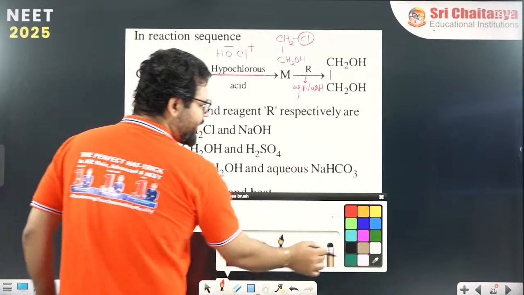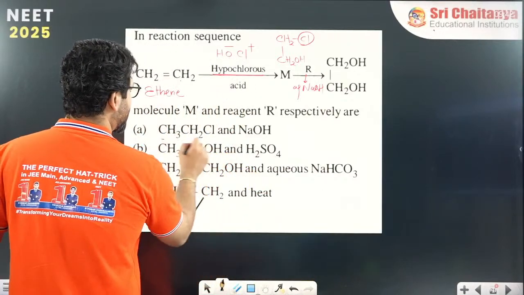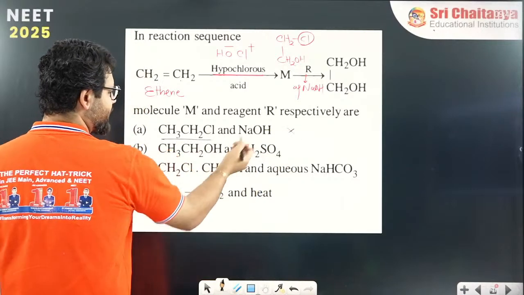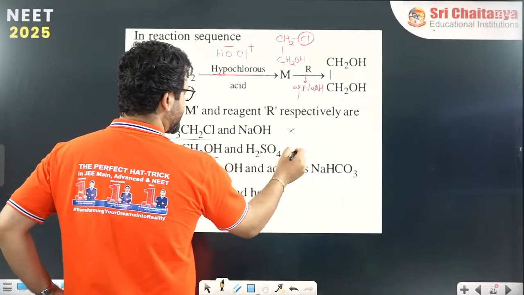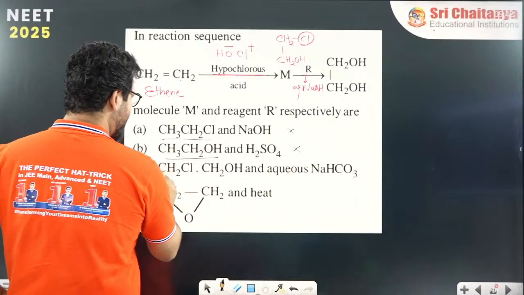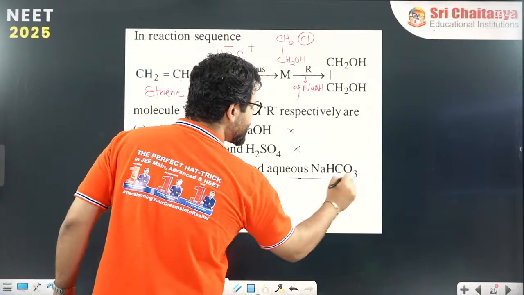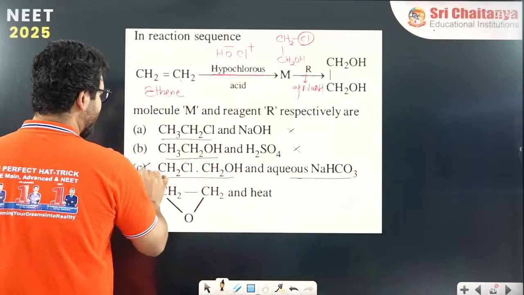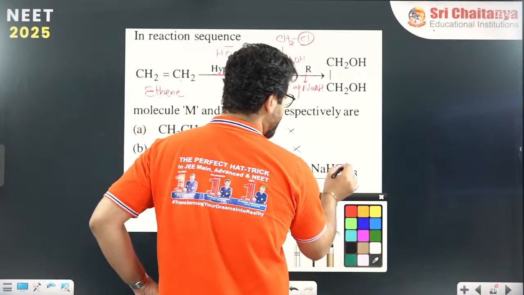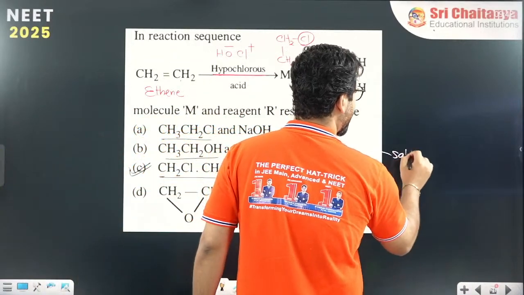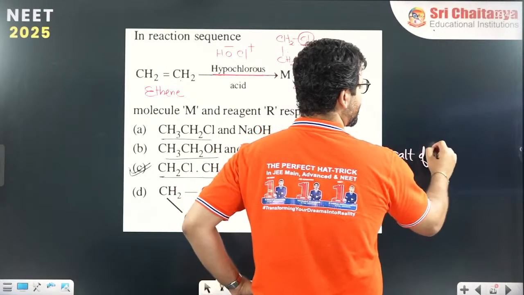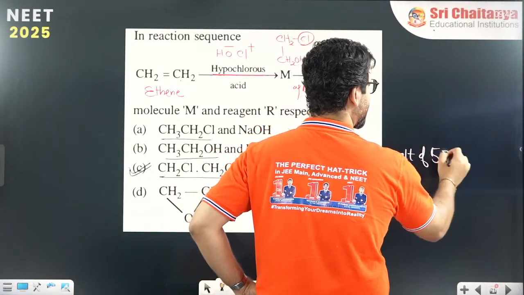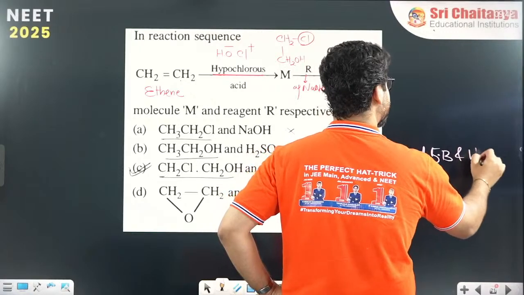So what is M and what is R? This is not M, but R is correct. This is not M. This is M. Aqueous sodium bicarbonate, this also you can take because sodium bicarbonate is a salt of a strong base and weak acid.